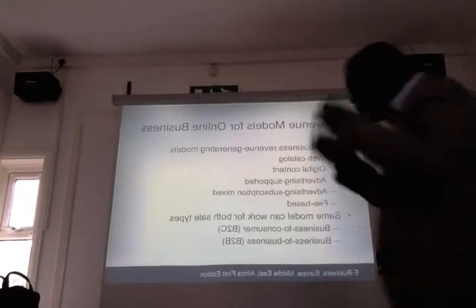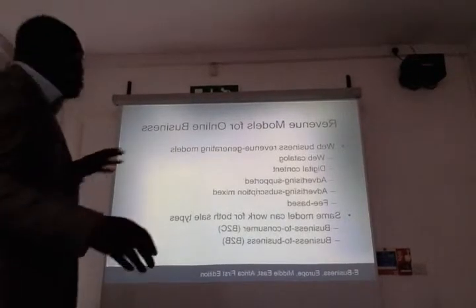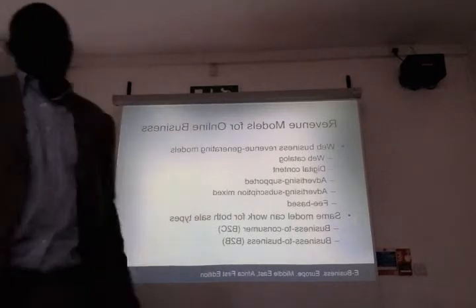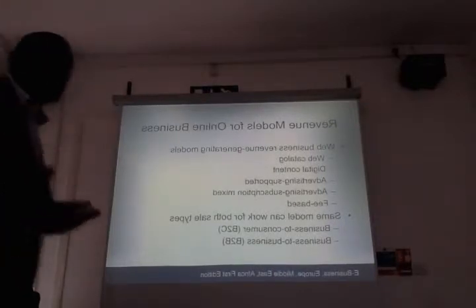Okay, now let's just get our heads into today rather than scanning bits on tube stations, right? There are lots and lots of web business generating models. The most classic is what we call the web catalog. So that is recreating our old-fashioned paper catalog version as a web version.